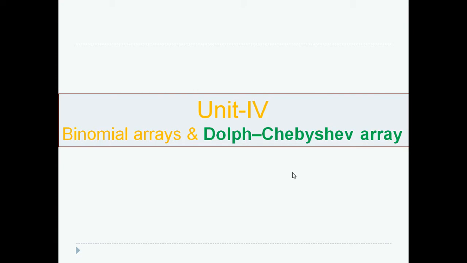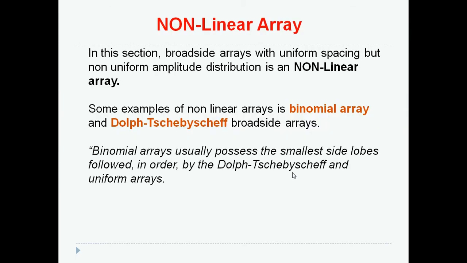Today's topic of our class is from Unit 4, Antennas and Arrays: Binomial Arrays and Dolph-Chebyshev Array. Before we go into our topic, we need to know the difference between linear arrays and non-linear arrays.